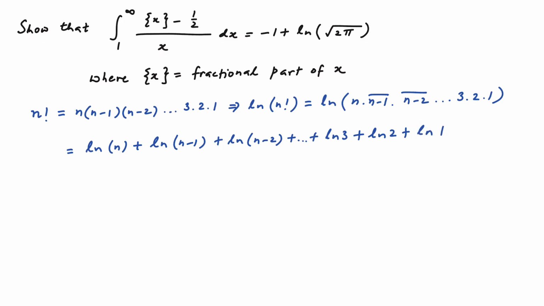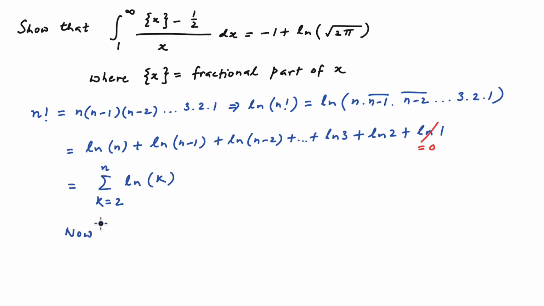Now the last term, ln of 1, is equal to 0. And the rest of it can be written in summarized form as summation ln of k, where k goes from 2 to n.